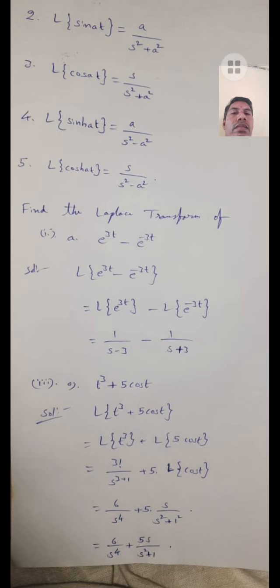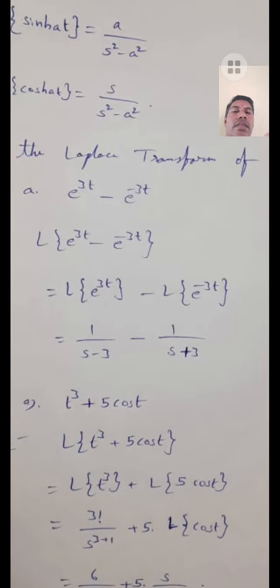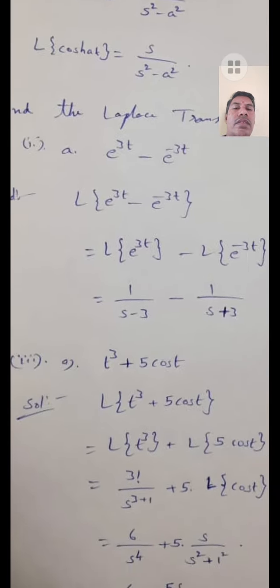So on this page 5 formulas are given and 2 problems are there. First read the formulas and write each formula 10 times. Then look at the problem. The question is: find the Laplace transform of e power 3t minus e power minus 3t. In the solution, take the Laplace transformation of the given function.